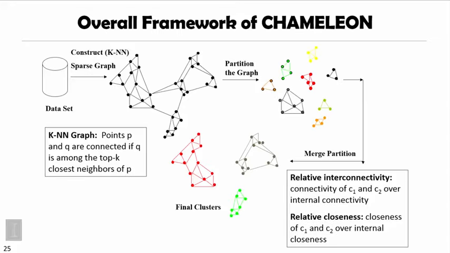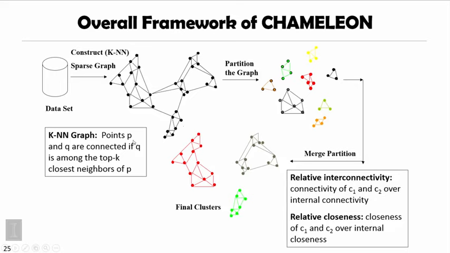Let's look at the overall framework of CHAMELEON. Suppose we have a large data set. Then we can use a KNN graph to turn it into a sparse graph like this. What is a KNN graph?